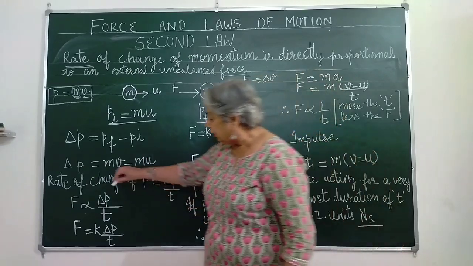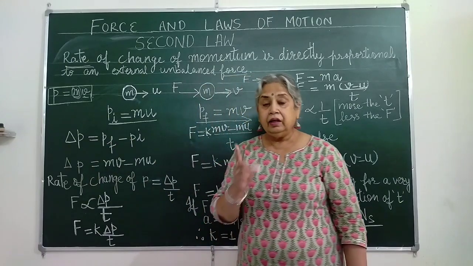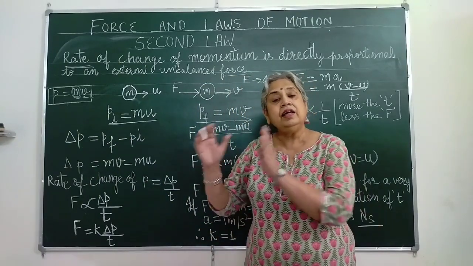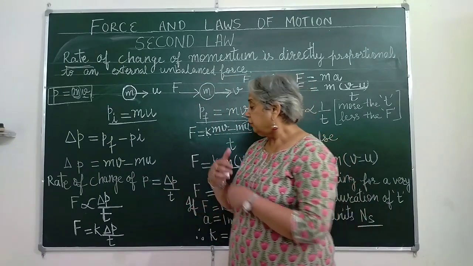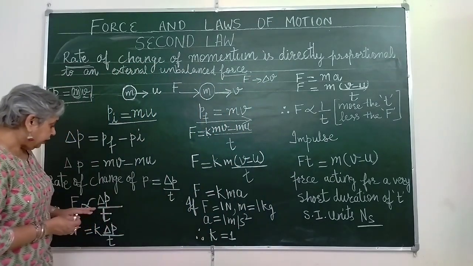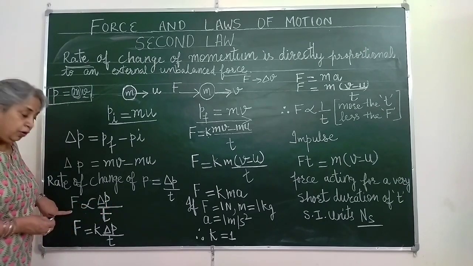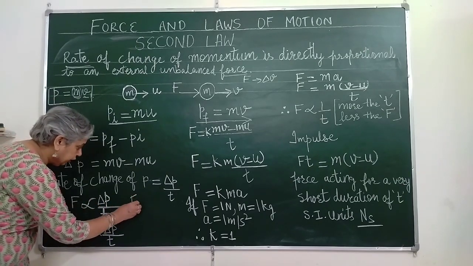But here it is the sign of proportionality. It doesn't say that it is equivalent. Proportional means that if there is more change in momentum, force will be more because there is direct proportion.